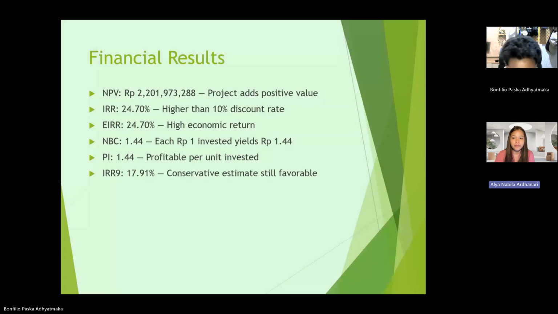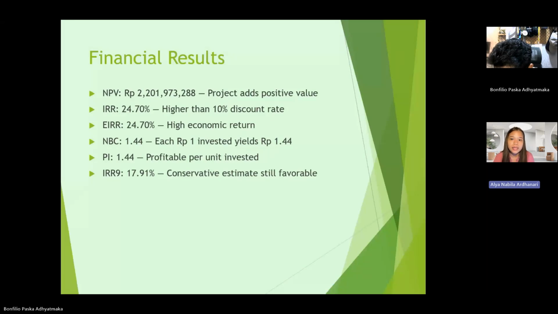To calculate NPV, we discount all the future inflows back to present value using a 10% discount rate, and then we subtract the initial investment of 5 billion. After subtracting the initial cost, the NPV comes out to 2.2 billion, which confirms that the project is profitable in today's terms.